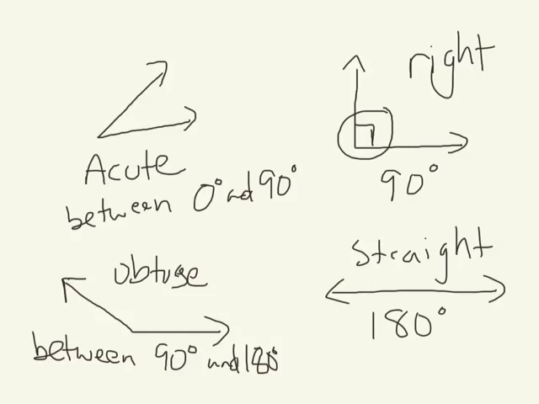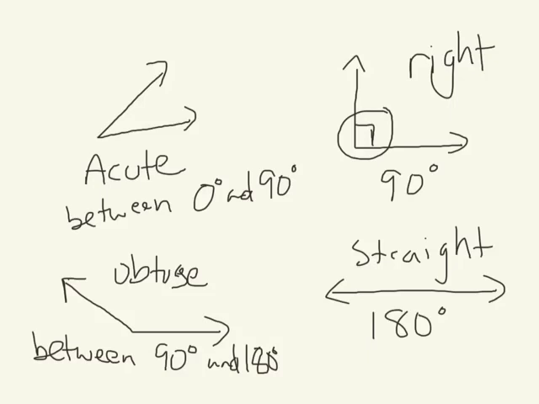Now, these different types of angles are classified by their measurement. As you can see here, all of them are named because of how many degrees they measure. So, it's important to get these down. Acute is the smallest angle.